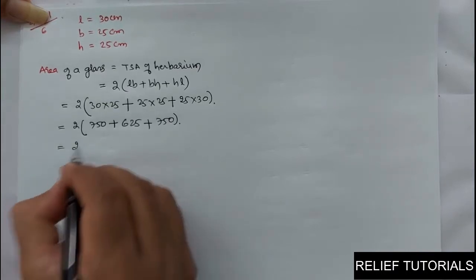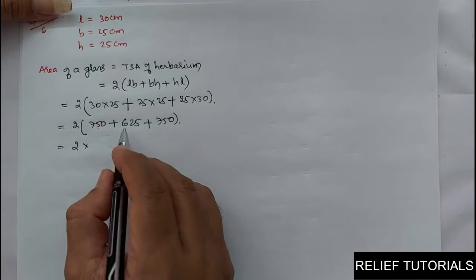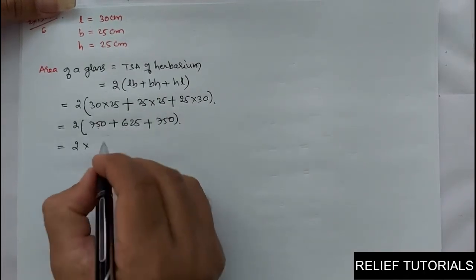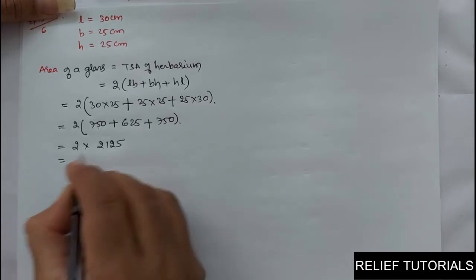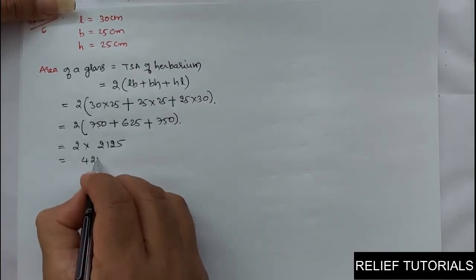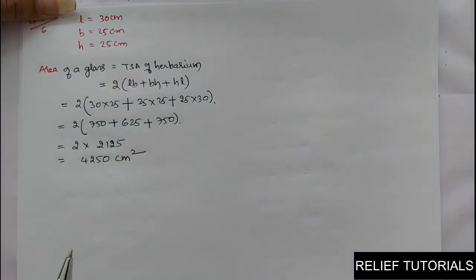So that is equal to 2 into 2125, that is 4250 centimeter square. This is the area of glass required to make the herbarium.